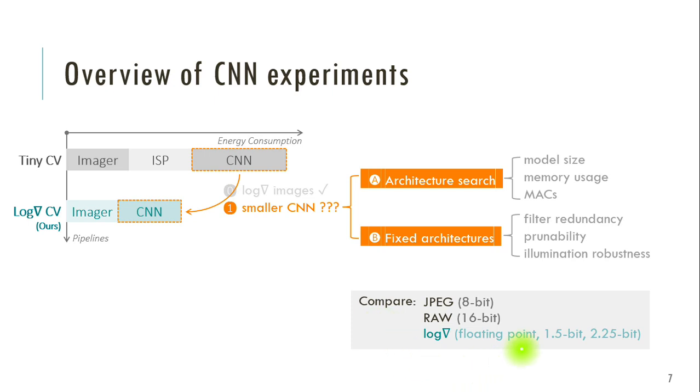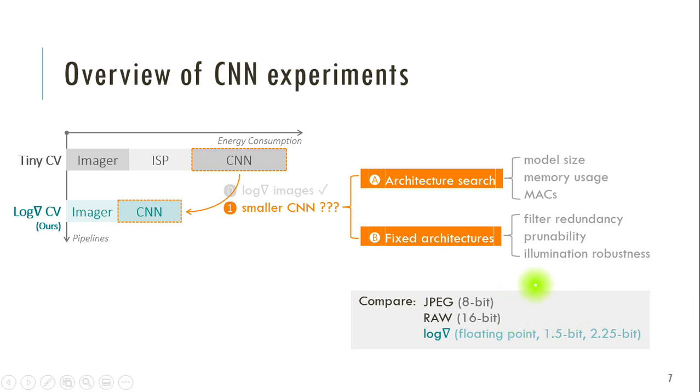To show the advantages of our method, we provide 2 baselines. That's an 8-bit JPEG, what's normally used in computer vision, like in ImageNet or COCO or VWW. All the images in the datasets are 8-bit JPEGs. And another one is a RAW to prove something I'm going to talk about.